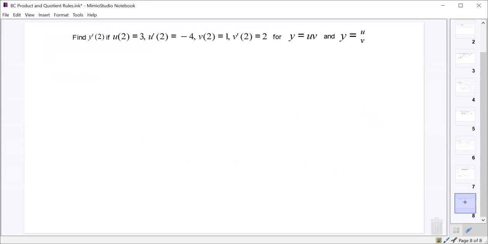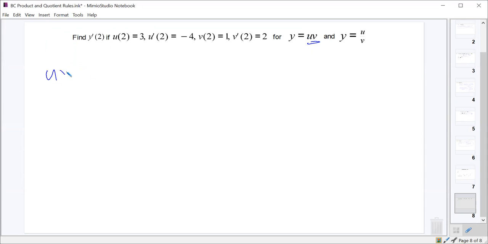All right. And sometimes they like to throw out these on the AP test where they give you a bunch of values and then ask you to find the derivative of some annoying function like u times v. So if I wanted to find the derivative of u times v at x equals 2, we'll just write it this way.